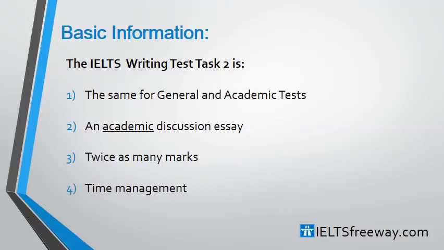Time management is very important for the writing test because you are given 1 hour to do both parts. So you have to decide how long you spend on each part. Nobody will tell you when to change from Task 1 to Task 2. It is recommended though that you spend 20 minutes on Task 1 and 40 minutes on Task 2. In Task 1 you need to write 150 words. In Task 2 you have to write at least 250 words.